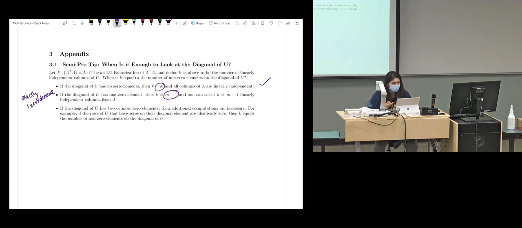For example, if the rows of U that have the zero in the diagonal element are identically zero, then K equals the number of non-zero elements on the diagonal of U. Lots of words.